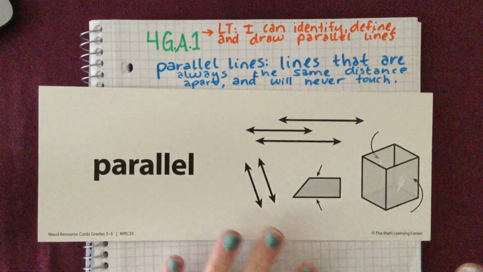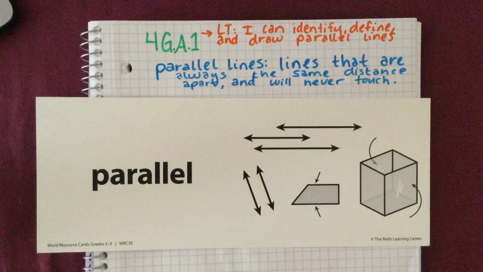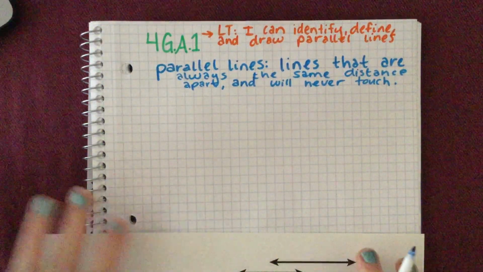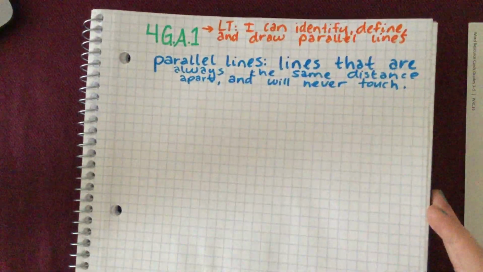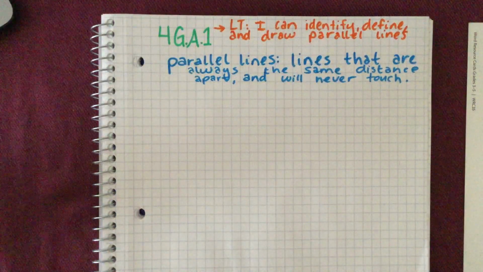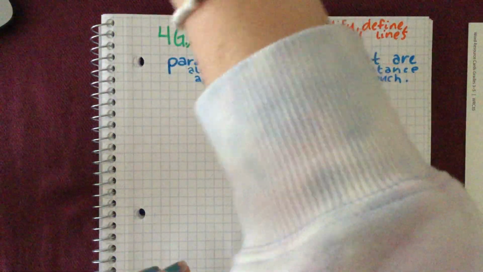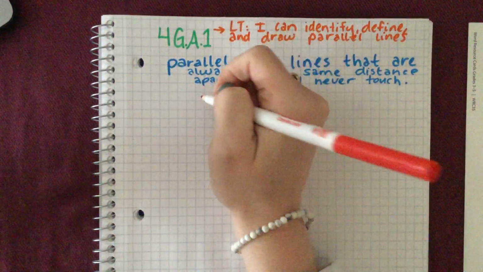So let's talk about how we can identify parallel lines in shapes. Okay, so I'm, again, very lucky that I have my graph paper. Remember, if you're drawing on lined paper, you can use the lines the same as I'm using the graph paper. So if I'm going to draw a shape that has parallel lines in it, I need to follow a set of lines on my paper.